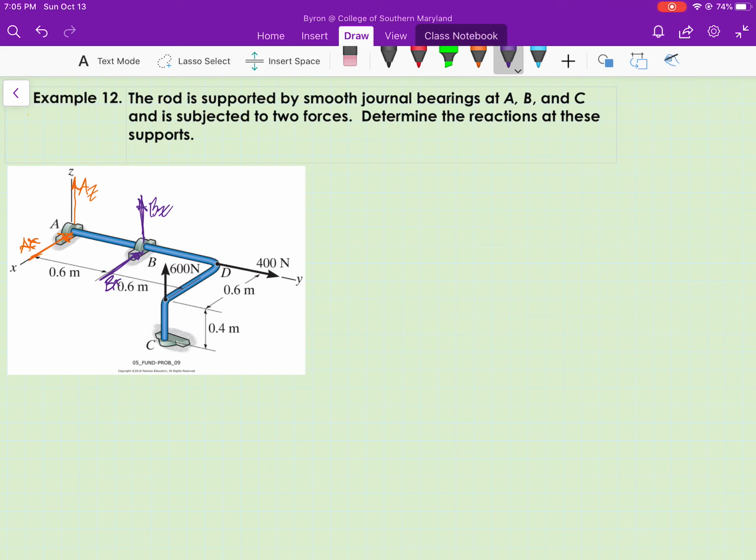Okay, and then down here at C, it's a different orientation, so I still have an x component, but the second force component is going to be in the y direction.